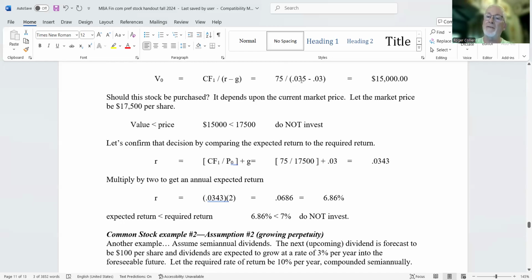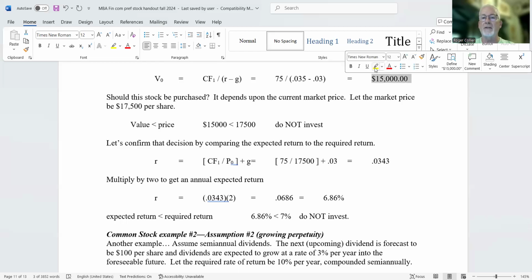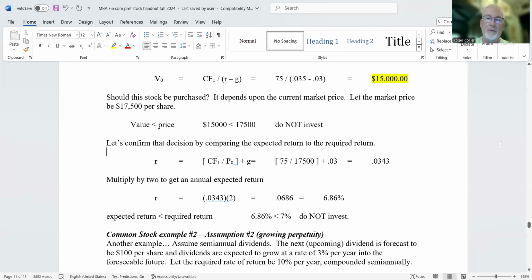Yes, but I have to divide it by 2 for semi-annual, so I get 3.5%. And the growth rate is 6% a year, but only 3% semi-annually. Put that together and I get a value of 15,000. Now that seems really, really big for a share of common stock, but bear with me.